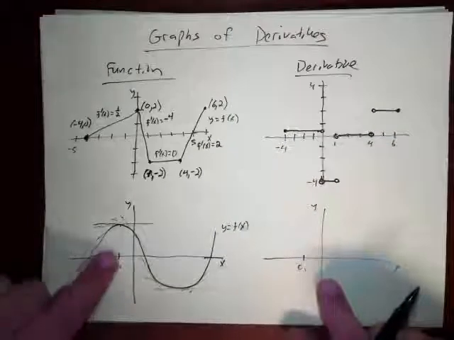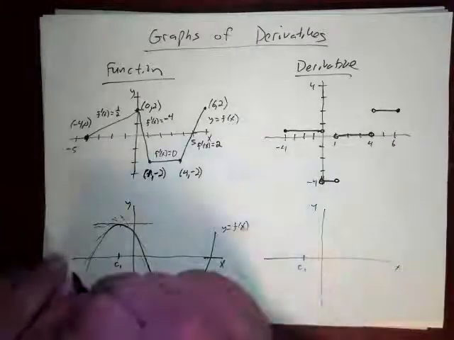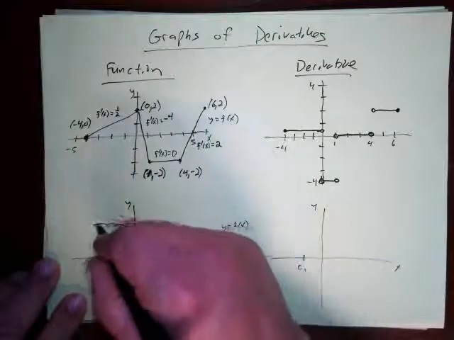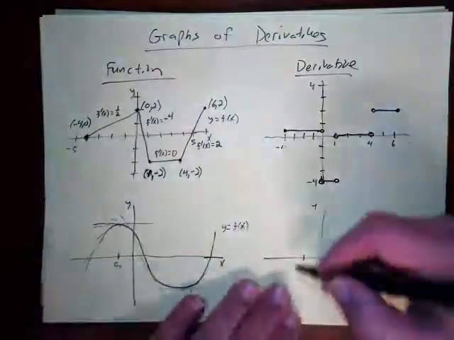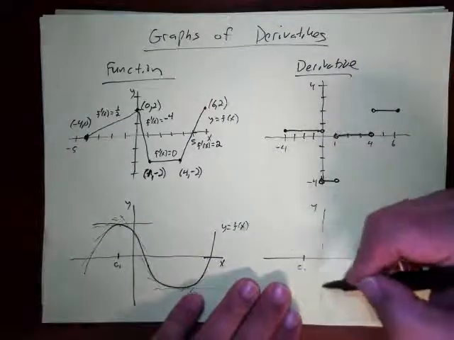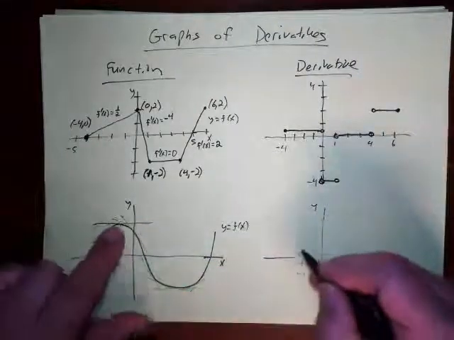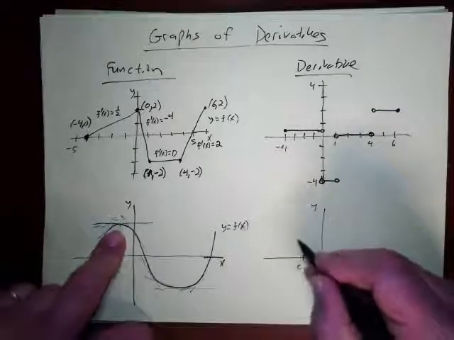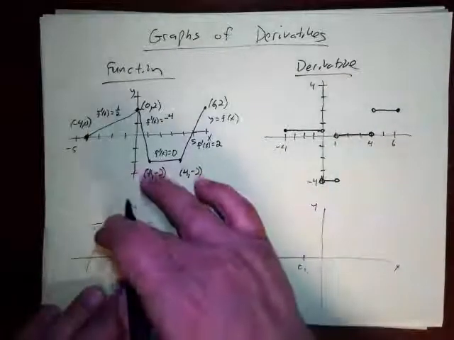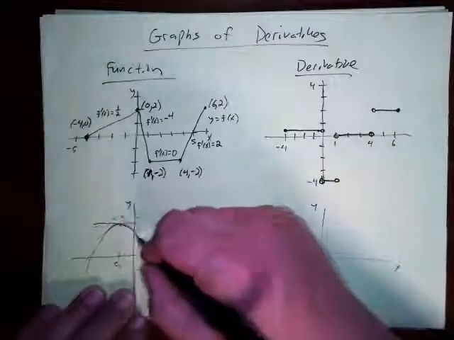Okay. Now notice, before this point, the derivative is positive, right? It's really steep, and then it keeps going, and then it flattens out to 0. So it's going to be positive coming down, okay? And then at this point, it's going to cross the axis. It's going to be 0, and then it's going to be negative, right? And then it's going to be negative here.